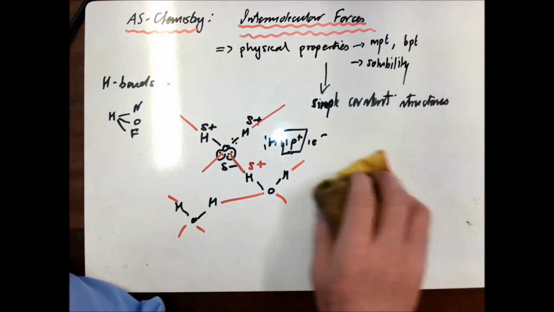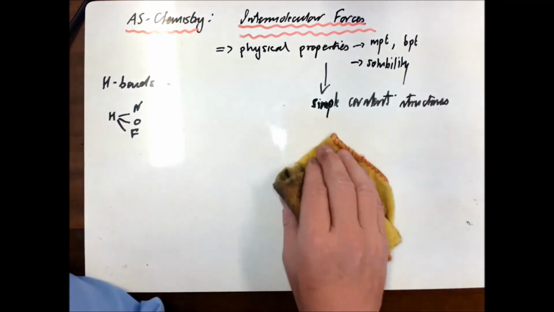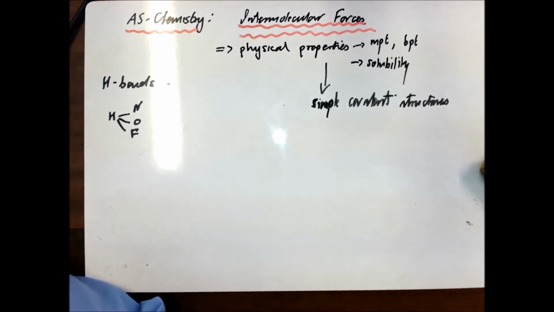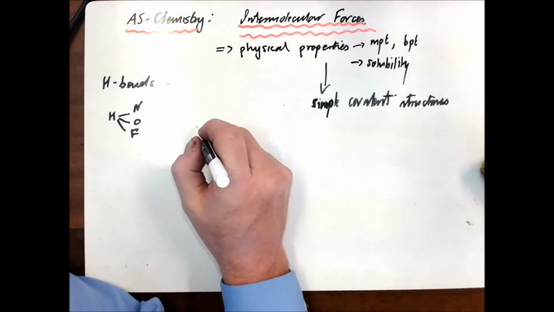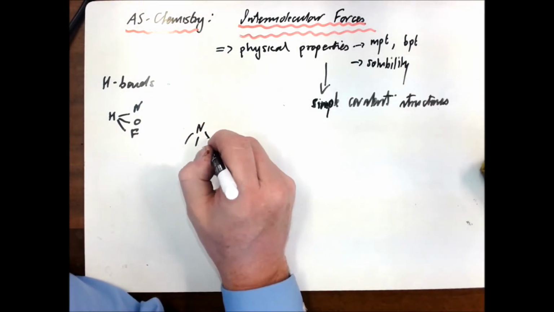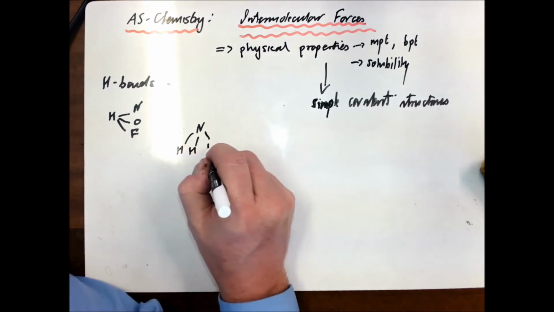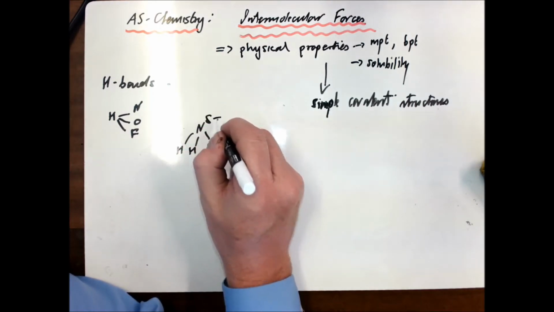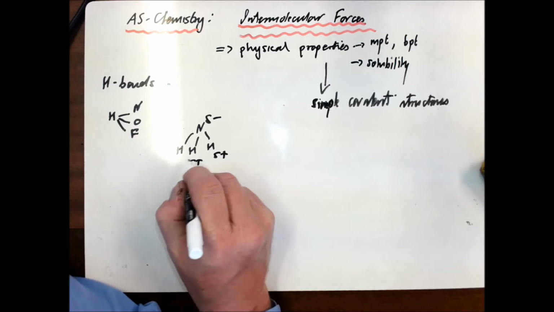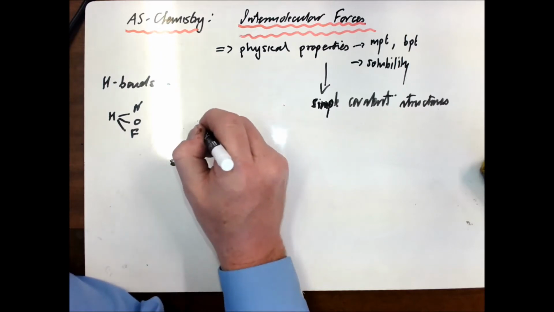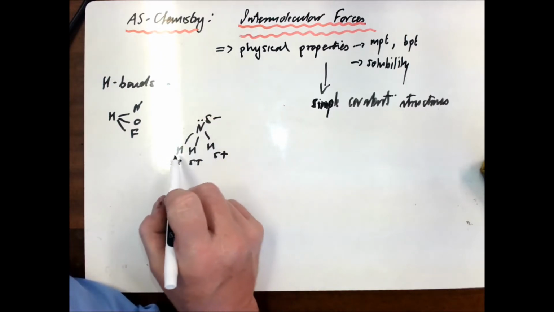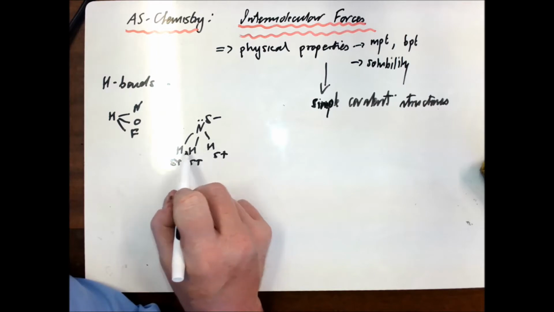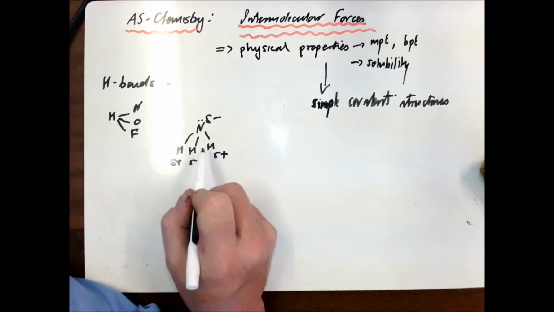Okay, if we look at another couple that can form it, so we might look at NH3, okay, which is ammonia, and again NH3, delta negative, delta positive, delta positive, delta positive. So we have 4 possible bonding zones here, okay?